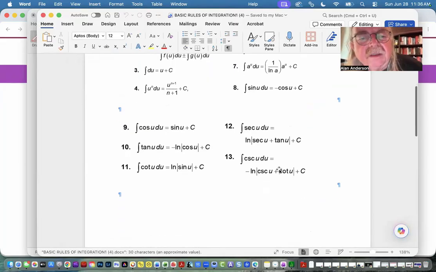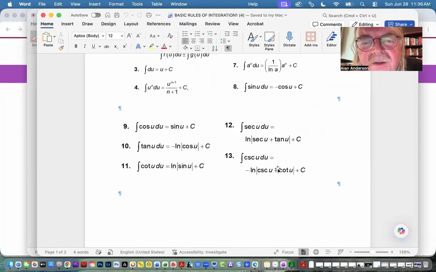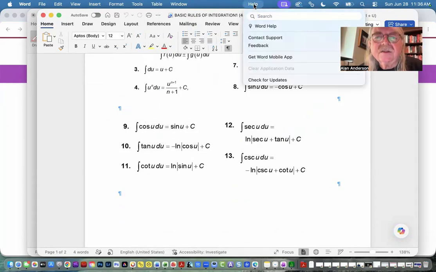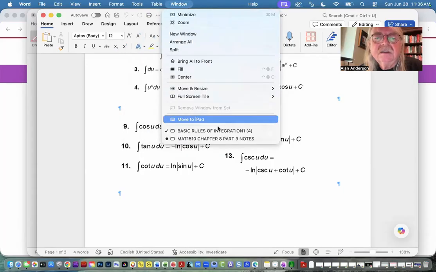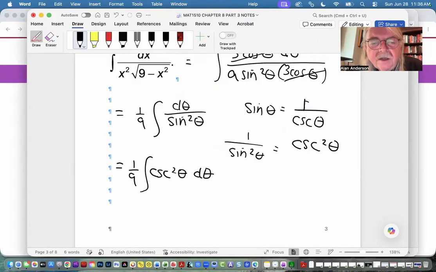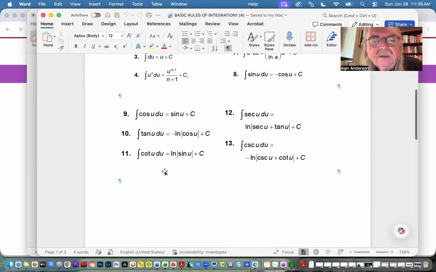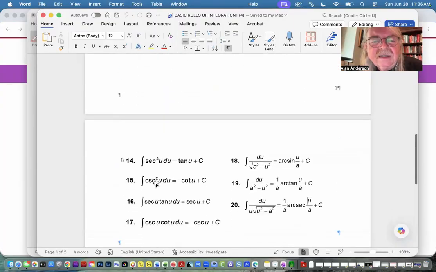And if you scroll through it, you're going to say, well, wait a minute, is there a rule here for the integral of cosecant squared? Okay, we need cosecant squared. We scroll down and, oh, wait, there it is.